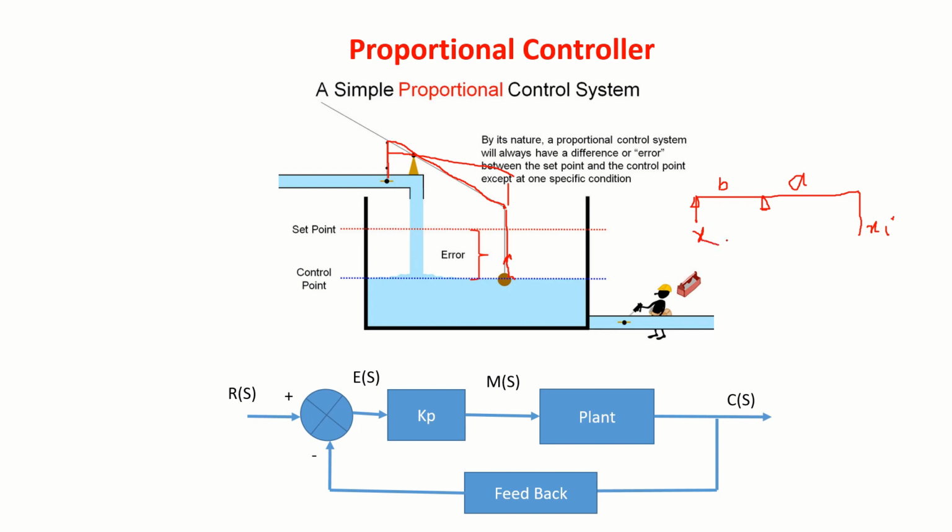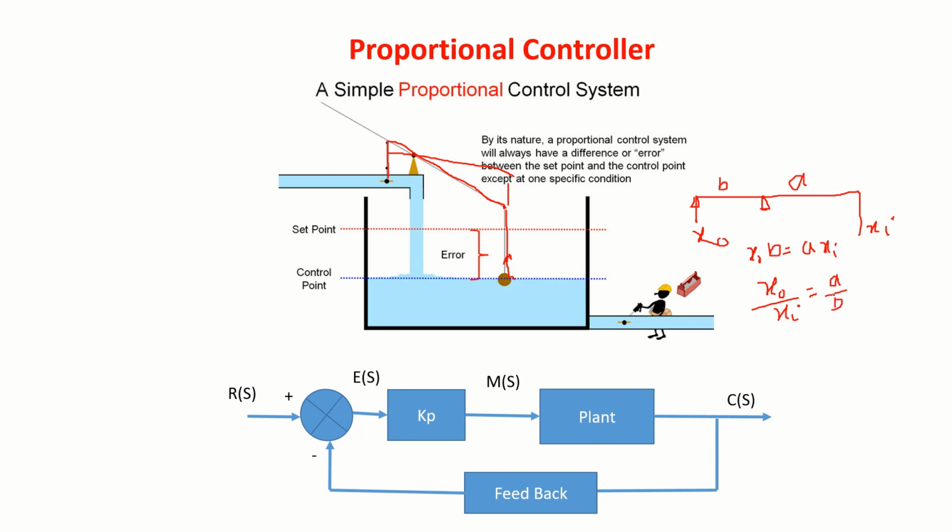So x naught times b for equilibrium must be equal to a times xi. So x naught by xi is equal to a by b.